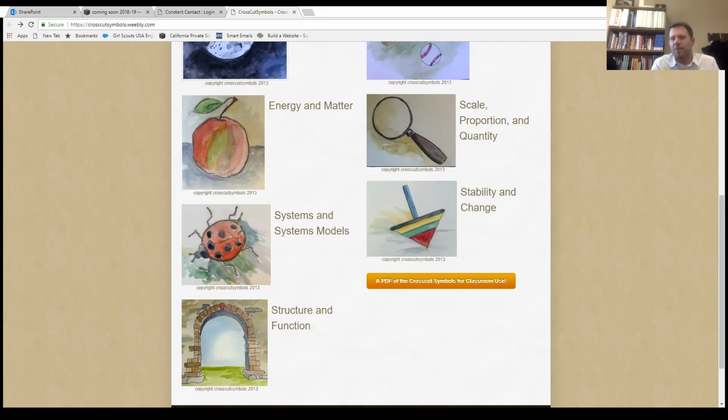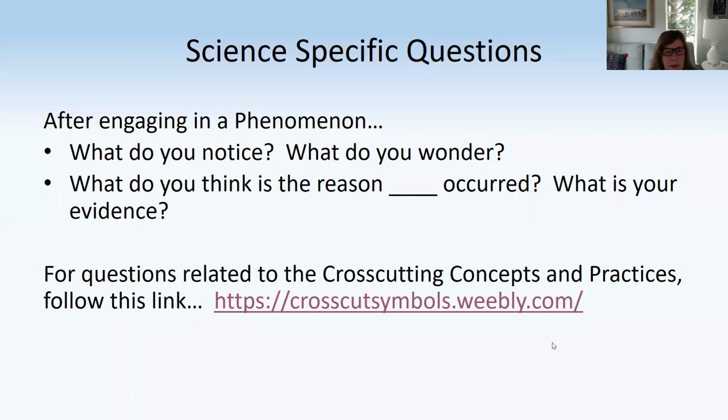You could even, in another part of the lesson or on another day, focus on the same phenomenon but under a different cross-cutting concept. How does the investigation of the phenomenon differ when we move from one cross-cutting concept to another? So this is a good tool. I recommend using it.